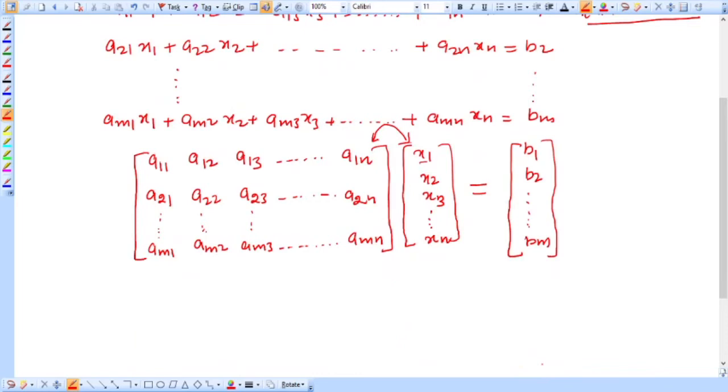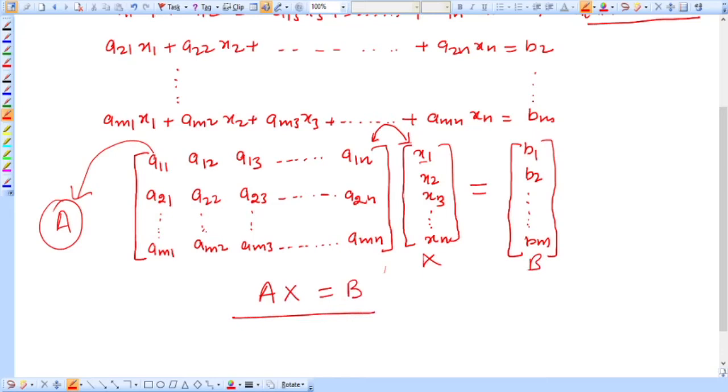So if I call this matrix A, and I call this matrix X, and this B, I can write it as AX equal to B. So this is the matrix notation of the given system of linear equations.